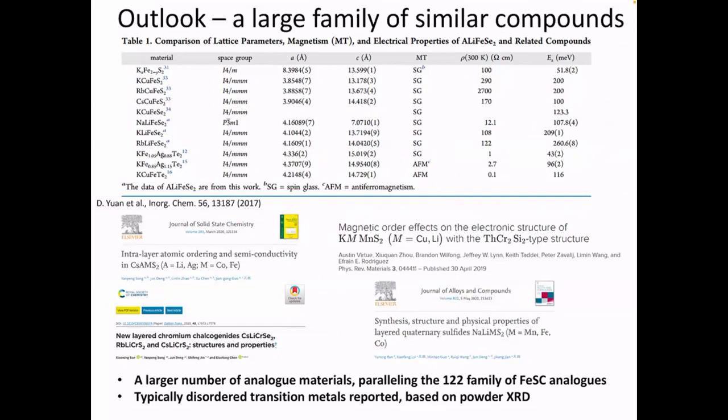And as I discussed previously, even if there is some kind of atomic ordering, you may not see it using powder XRD. So potentially, this is a very large family of quantum materials which may have some interesting behaviors and possibly even superconducting states if careful examinations are dedicated to these materials.